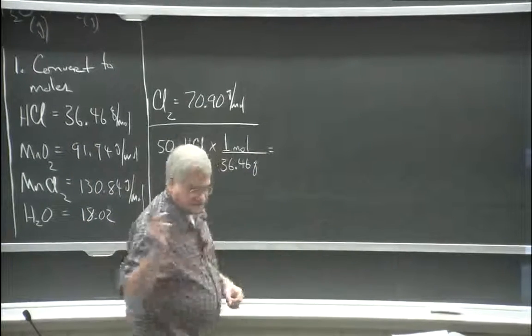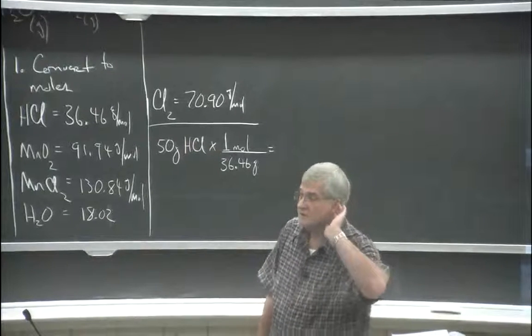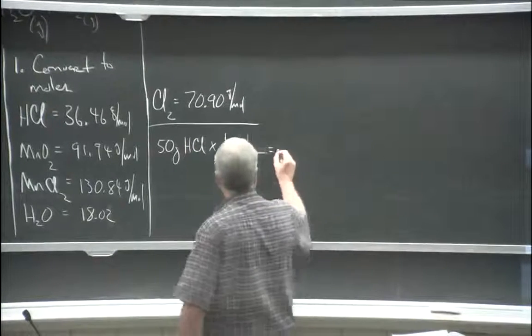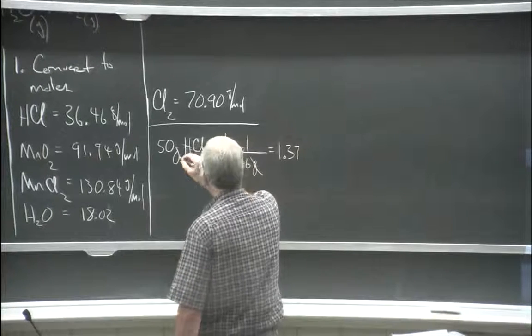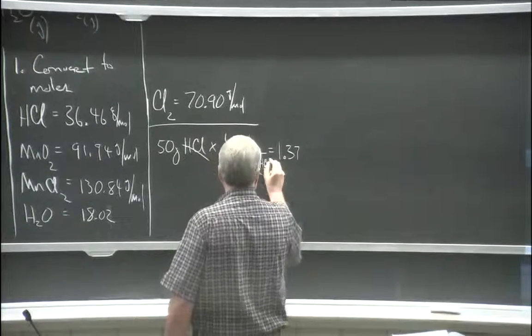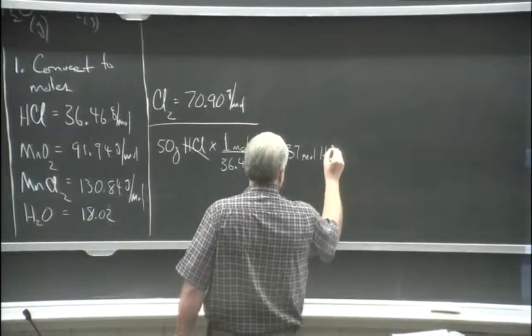And what does that give us as an answer? Once again, louder. 1.37. Okay. Grams of HCl are going to cancel out. That's 1.37 moles of HCl.